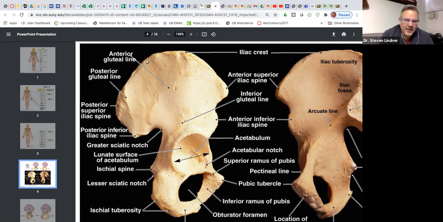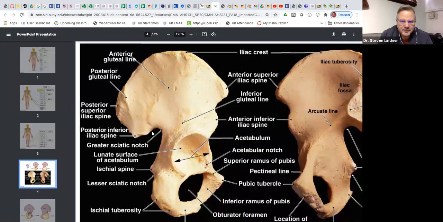Once you find the iliac crest, if you go anterior, it takes you to the anterior superior iliac spine. If you go posterior, posterior superior iliac spine. And then when you drop inferiorly on either side, it takes you to either the posterior inferior iliac spine or the anterior inferior iliac spine.